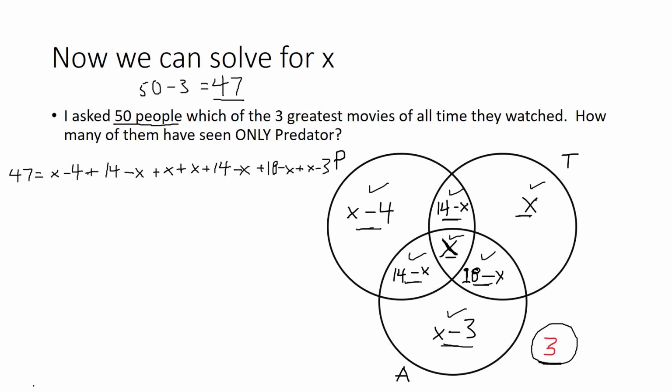Let's take a look at our x's here. Color code this a bit. So we've got x minus x. Oh, that cancels out. Plus x minus x. Oh, that cancels out. Plus x minus x. Oh, that cancels out. Plus x.